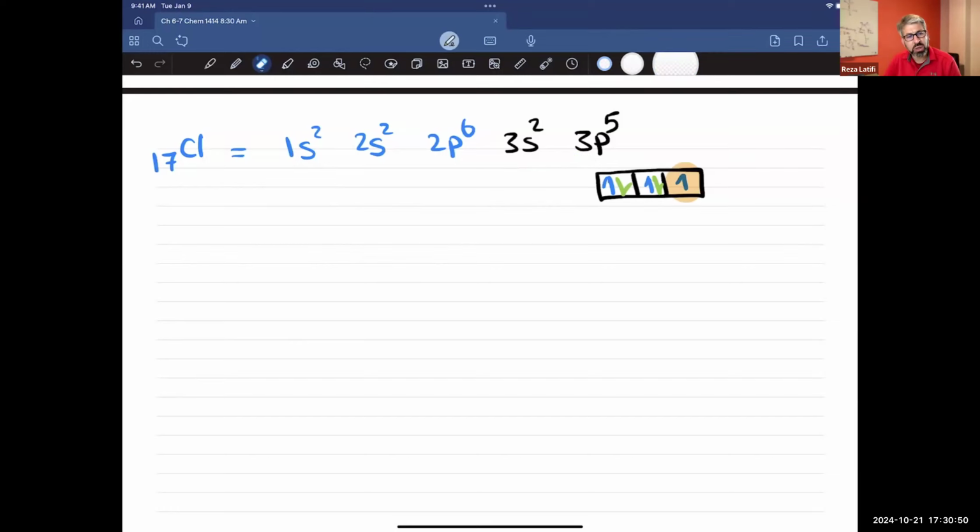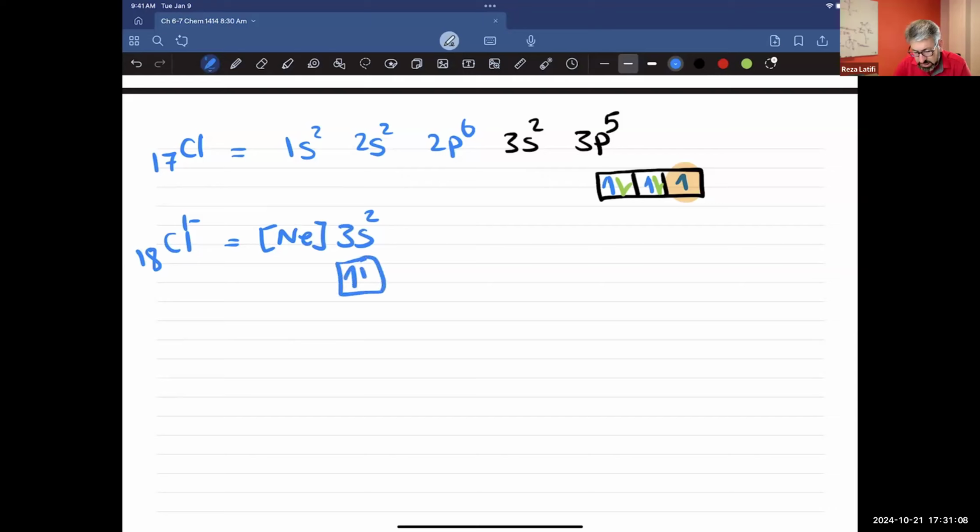So I want to turn chlorine into chlorine -1. What does it mean? It means we added 1 electron to it. So you need to ask yourself, what's the first available orbital? This is going to be equal to neon, then 3s with 2 electrons. 3s is full, so it's not going to accept any electron, but 3p says 3p5. That means we have 1 half occupied orbital there.